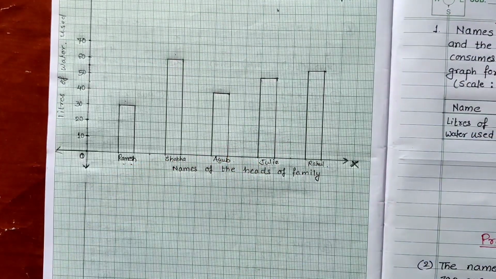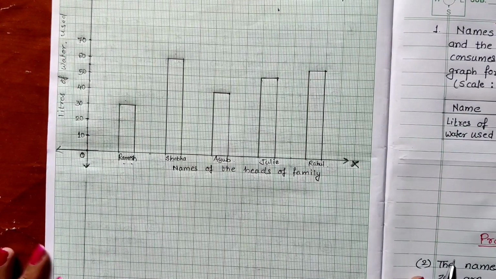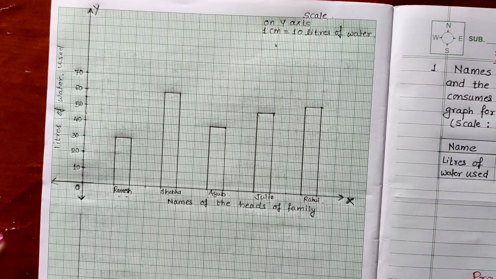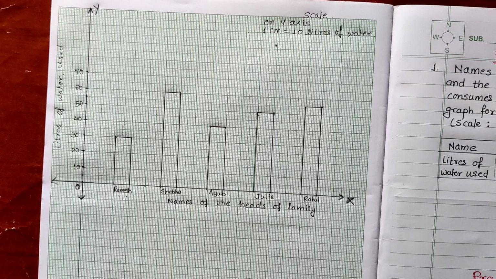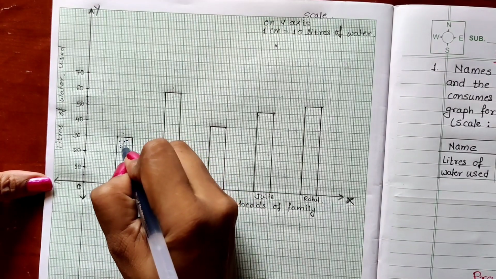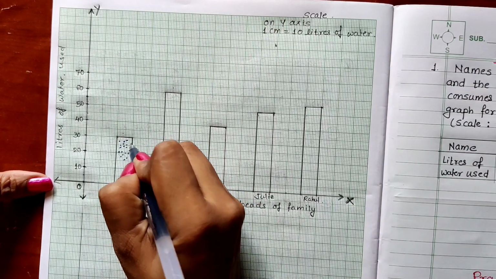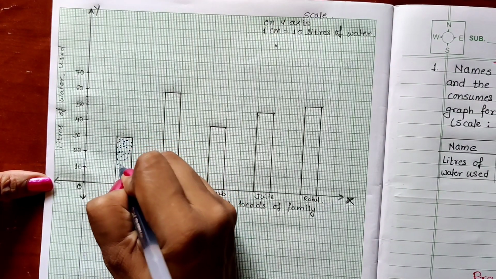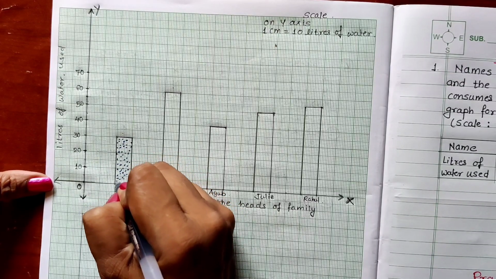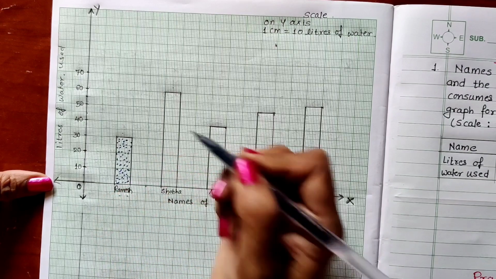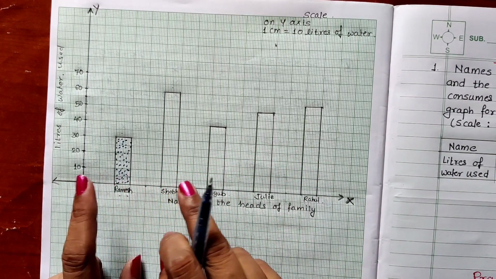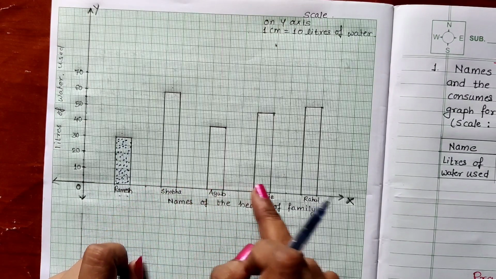Okay, now if you want you can color the bars, otherwise leave it. Otherwise you can do anything here to show the bars very clearly. If you want you can put the dots in the bars like this. Okay, as we are showing the water consumed, so you can put the dots like this. Only you have to see that the distance between these bars should be equal.